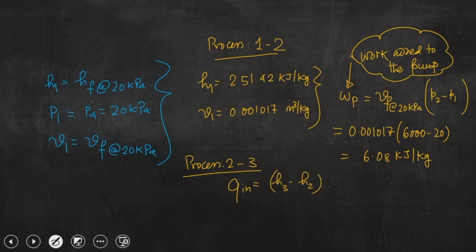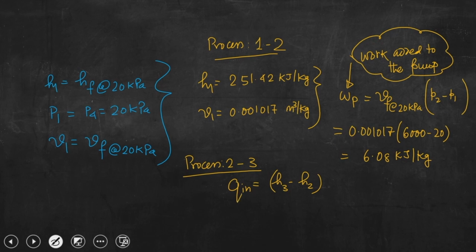This is specific heat added, because again I am trying to express the quantity in the specific form, per kg of the working substance. So this is q in, small q in.